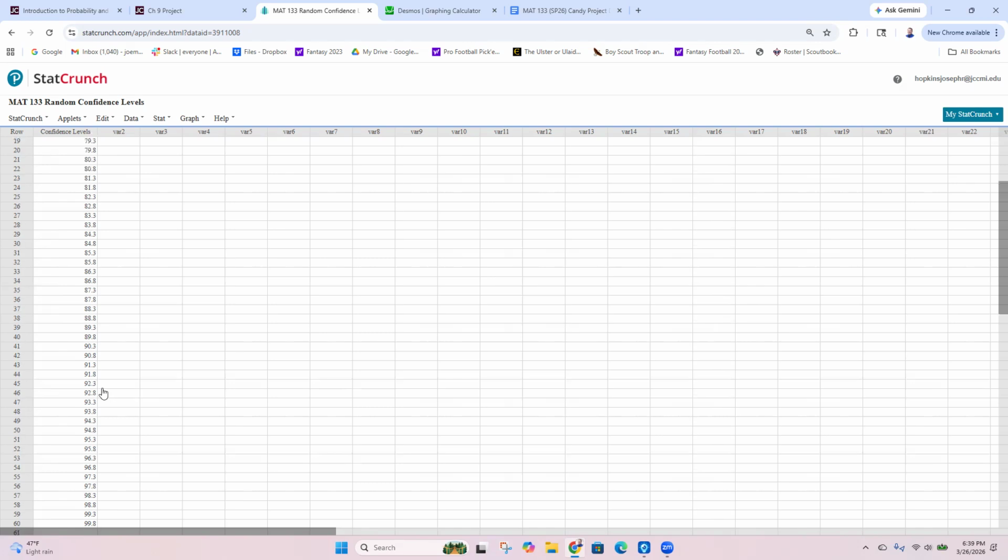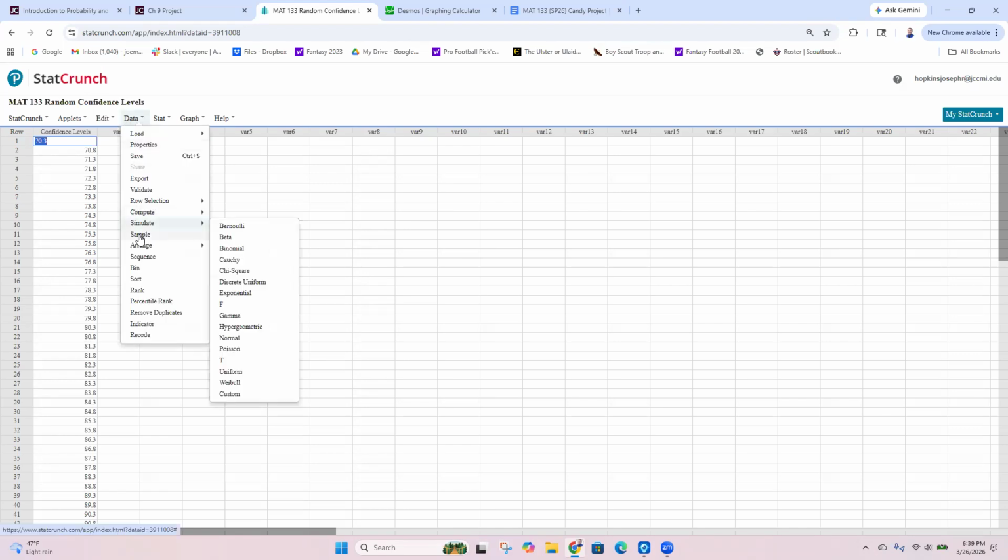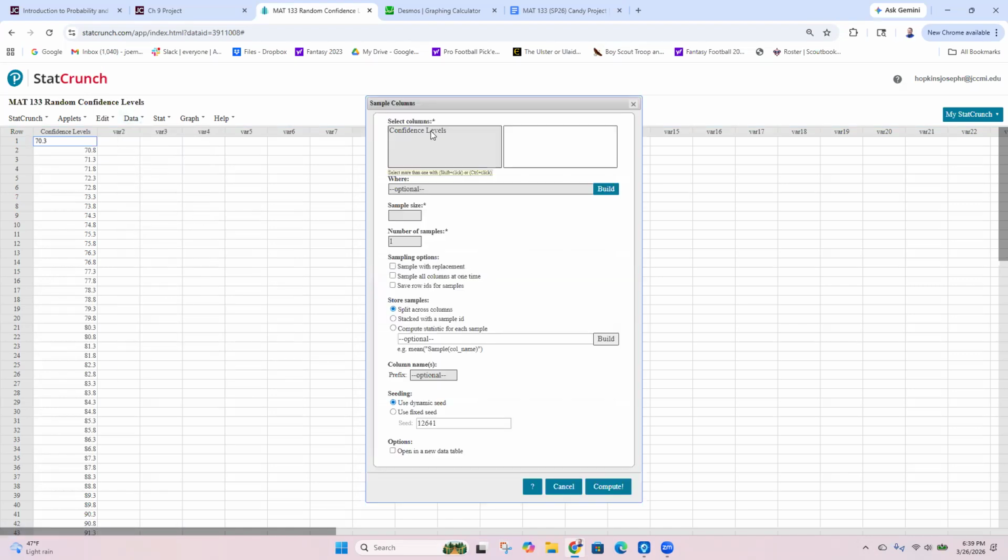We are going to have StatCrunch pick 3 of these at random for us, so you don't need to pick them yourself. You're going to go to data, sample. You select the confidence levels and put in a sample size of 3.